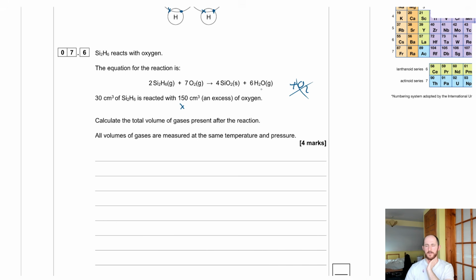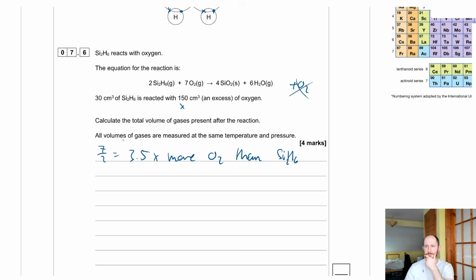So we need to get rid of that oxygen. So I need to work out how much I would actually need before I do this. And the way we do this is work out how many times more. So again, it's the ratio thing we used before. So it's 7 and 2. So if I do 7 divided by 2, there should be 3.5 times more oxygen than Si2H6.